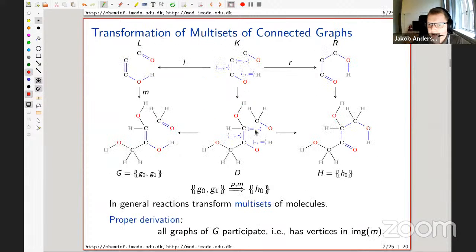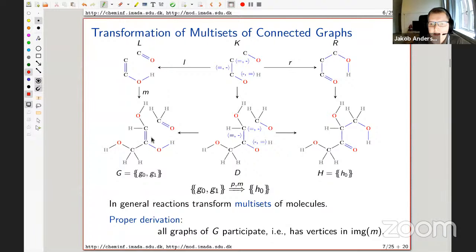A core part of the graph transformation here is that we are not really transforming graphs as such. We are transforming multisets of graphs. We're assuming that all interactions are encoded as edges in some way. So what we see here on the left-hand side in G is really one molecule, formaldehyde, and then we have this other molecule here, enolized glycolaldehyde it is.